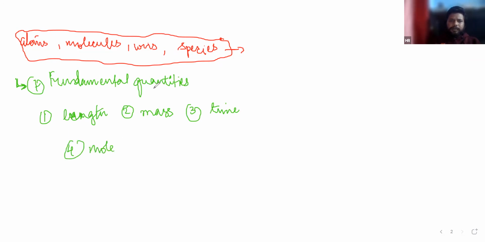Mole is the unit of amount of substance.